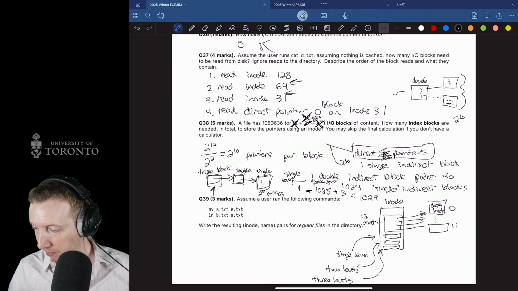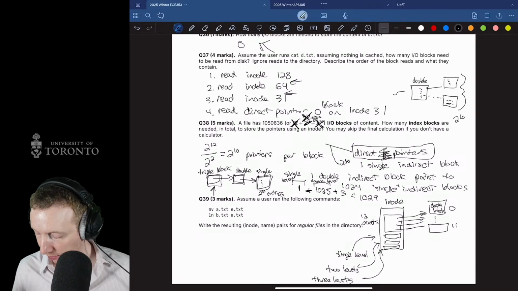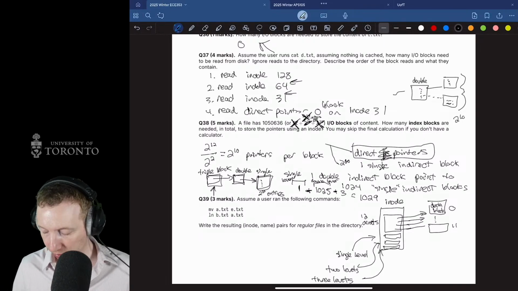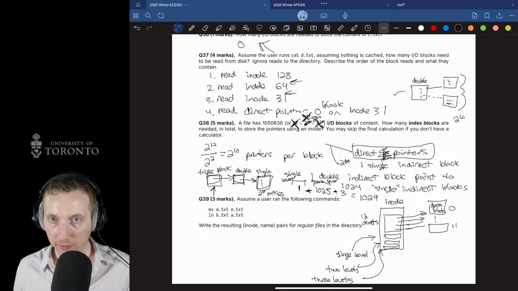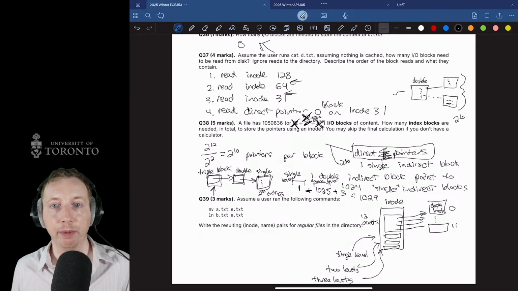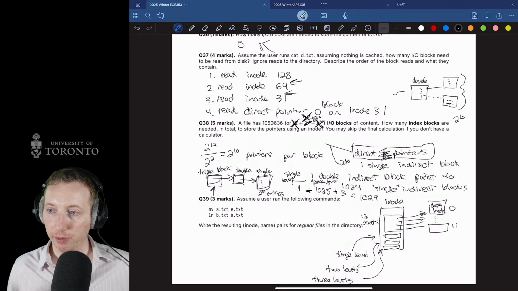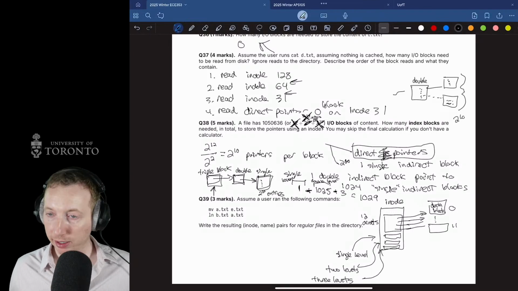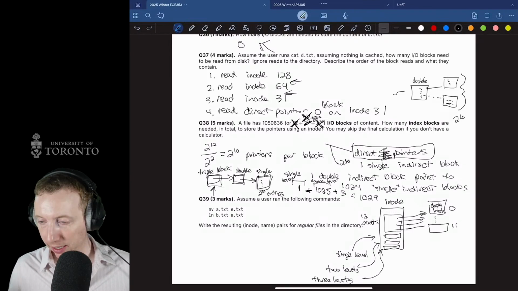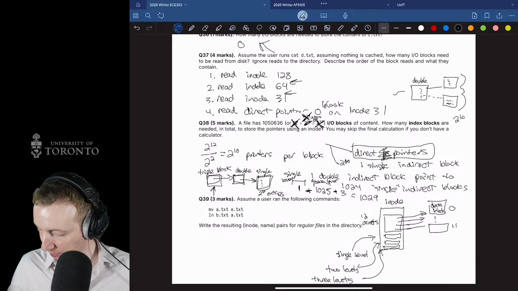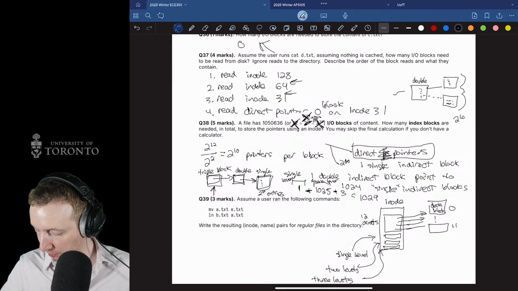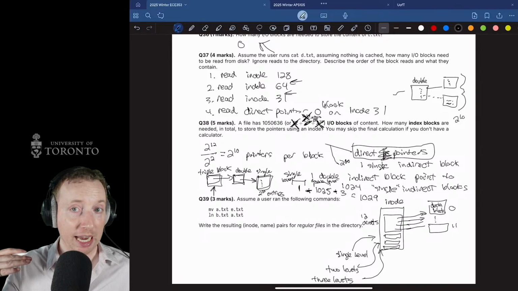But unlike memory, where everything has to be treated the same, in this, if I don't need to use 2 levels, I just won't use 2 levels. So with page tables, if I have 3 levels, I only have 1 root page table, that's it. Here you can think of it as, hey, I have 3 root page tables, 1 for a single level, 1 for 2 levels, 1 for 3 levels, and I'll fill them in as needed.